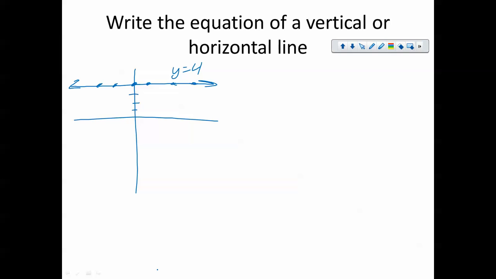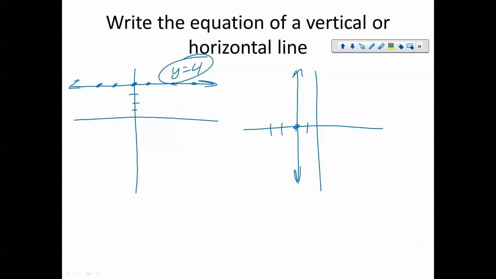So if you have a horizontal line going through 4, y equals 4 is your equation. Vertical lines, if I had a vertical line going through x equals -2, you will notice that all of the points along this line, the x value is -2. So the equation for that line is x equals -2.